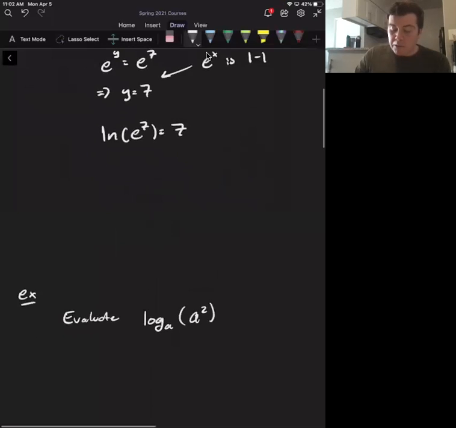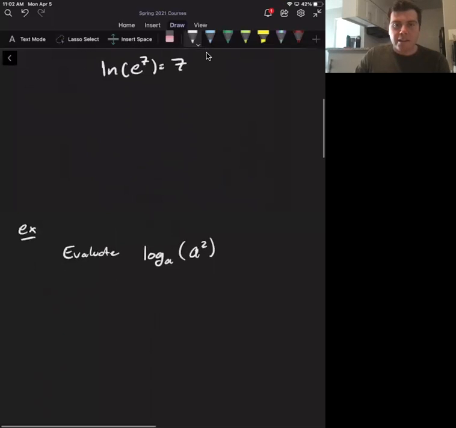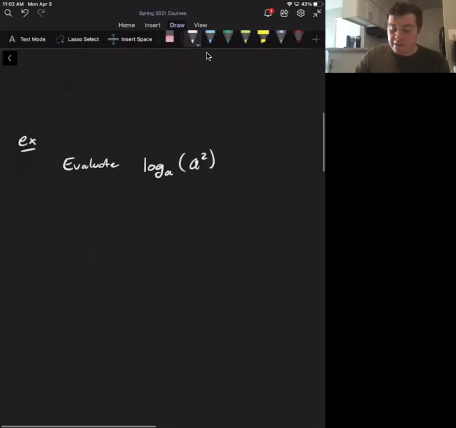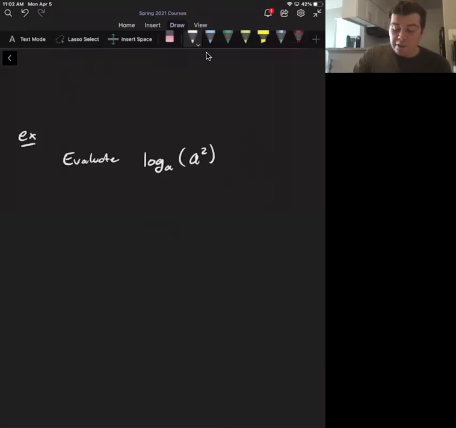All right, now we'll look at a second example that's in a little bit more generality. So it's the same setup, but now we have an arbitrary base for our logarithm and an arbitrary base for the number inside the parentheses. But again, we won't let this deter us.